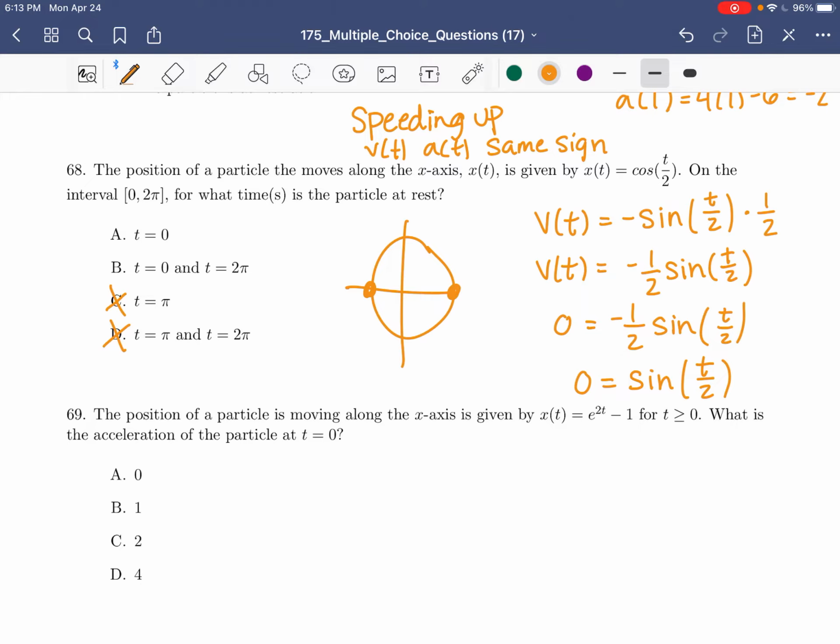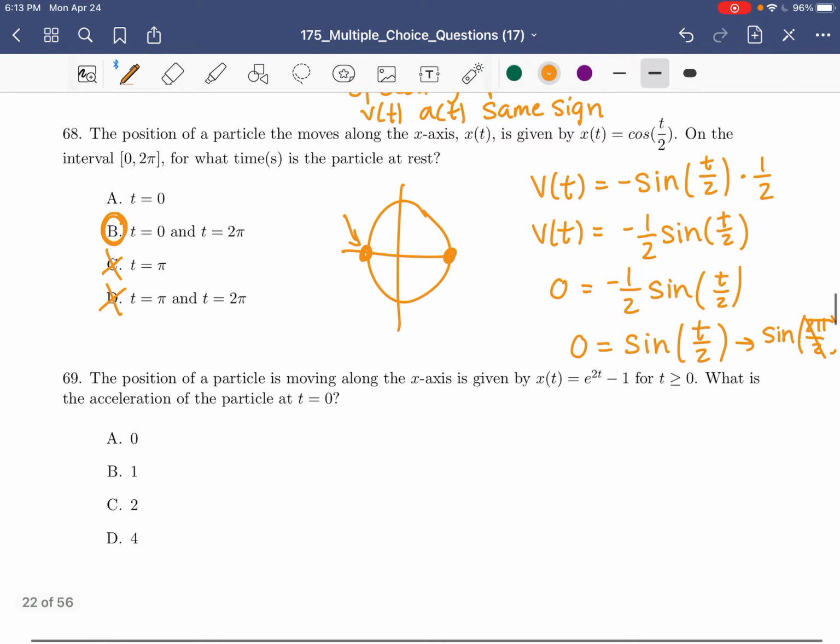So I can get rid of D, and I can get rid of C. So that leaves me with A and B. I just need to figure out what would happen if I replaced t with 2 pi. So if I did that, I'd get sine of 2 pi over 2, which leaves me with sine of pi, which is this one over here. Sine of pi is also 0. So B is our answer.